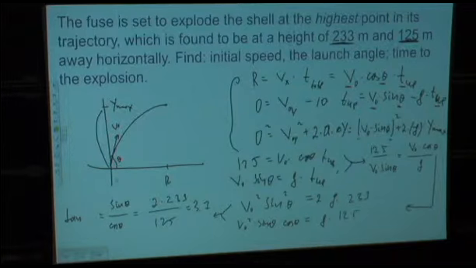So if we take the inverse tangent of this, that should give us the launch angle. Where is it? I don't see. The inverse tangent of 3.7 is about 75 degrees, 74.8, 75.